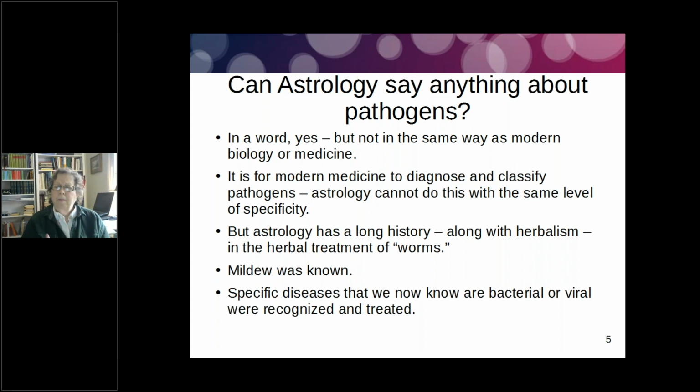Now, because they couldn't specify that this is a tuberculosis bacterium, they had limitations in terms of how they could classify pathogens, but they could always look at symptoms. And in this classical period of time, diseases were understood more as symptom clusters than as a specific disease. So they did have ways of dealing with this.